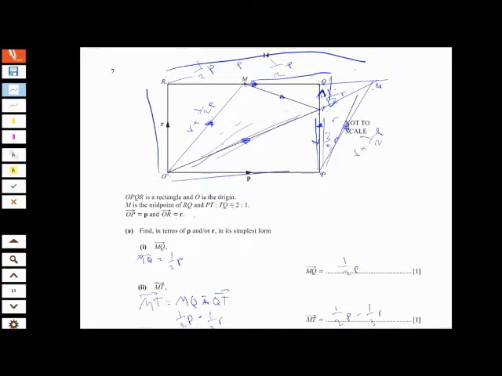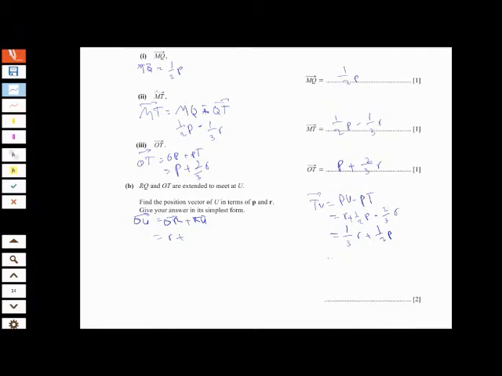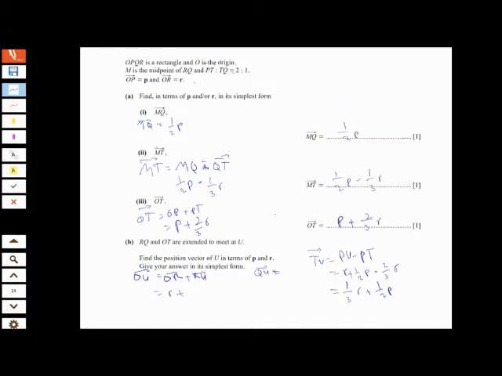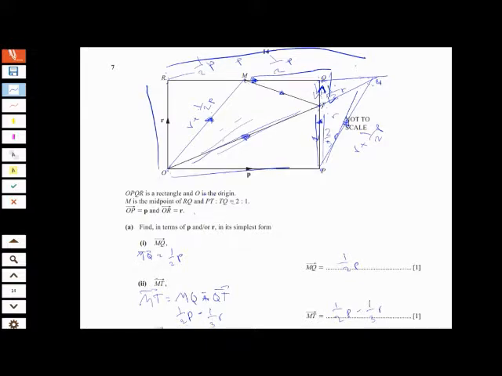And now to find RU, we're going to find QU first. How to find QU? QU is negative QT plus TU. Why negative again? Because we're going in the opposite direction. QT plus TU. We know TU and we know QT.